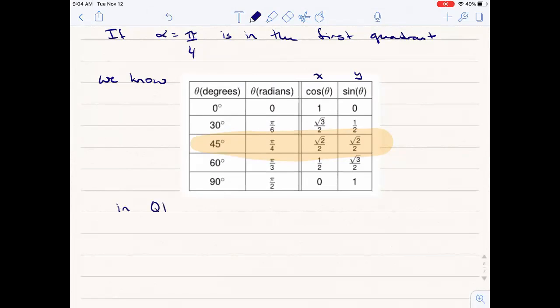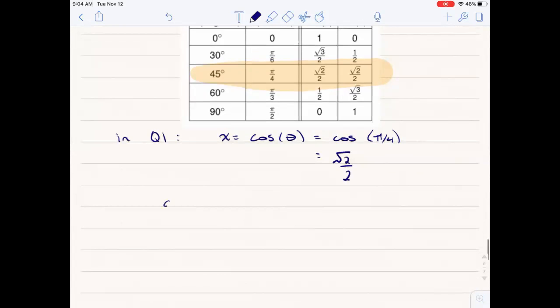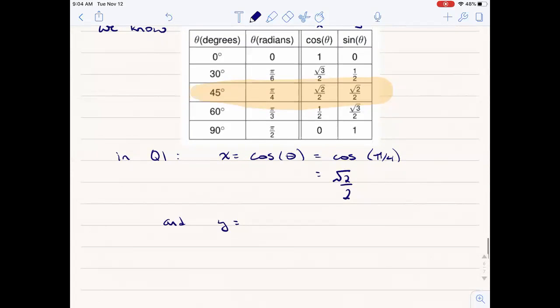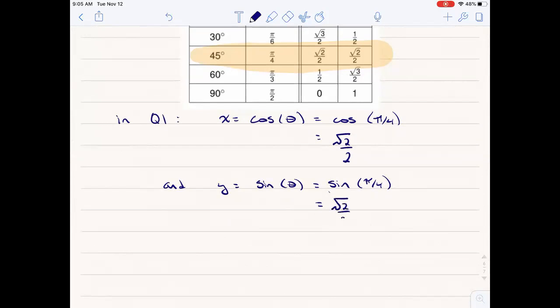So in Q1, quadrant 1, x equals cos theta, which is cos of pi over 4, which is root 2 over 2. And y is sine theta, which is sine pi over 4, which is also root 2 over 2.